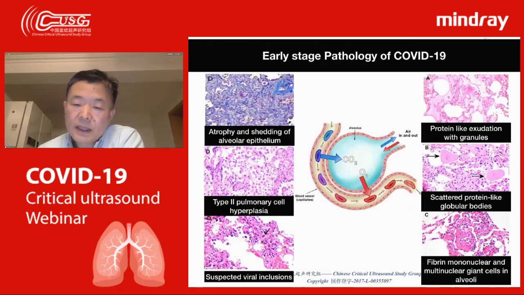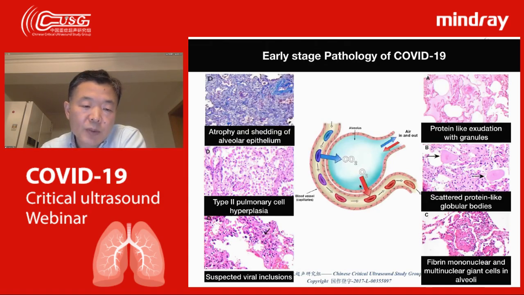So they cut down the lung and did this biopsy here. And you can see lots of things are different. You see in the different parts, the atrophy and shedding of the alveolar epithelium, I think in this part.